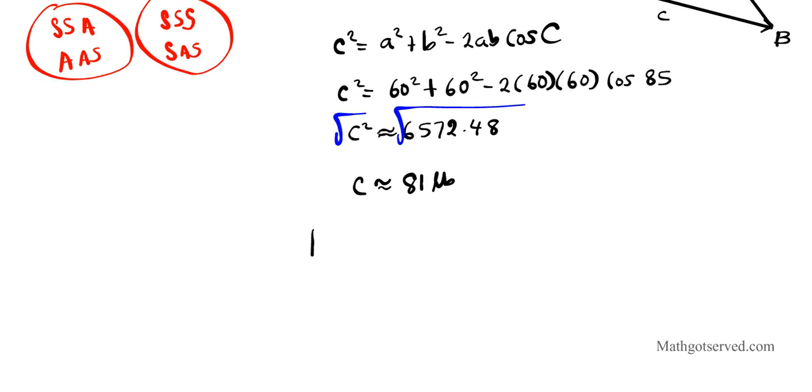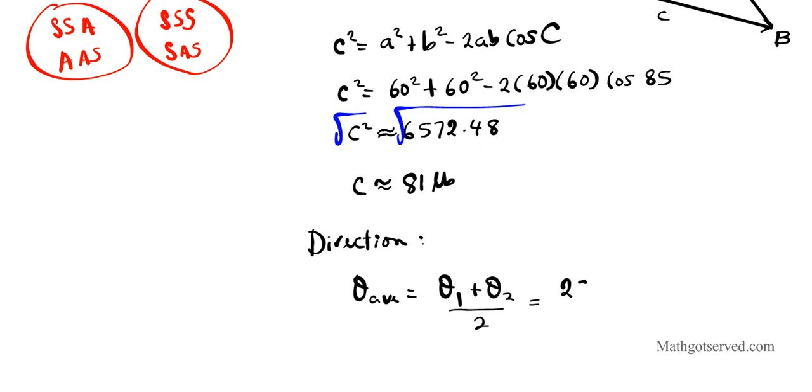So for direction, I'm going to average the angles. I'm going to use theta average, which is basically the sum of the two angles, theta 1 plus theta 2, over the number of angles, which is 2. Okay, so theta 1 is the 25-degree angle. The second one was negative 70. So where is the middle of these two? That's what we're looking for.